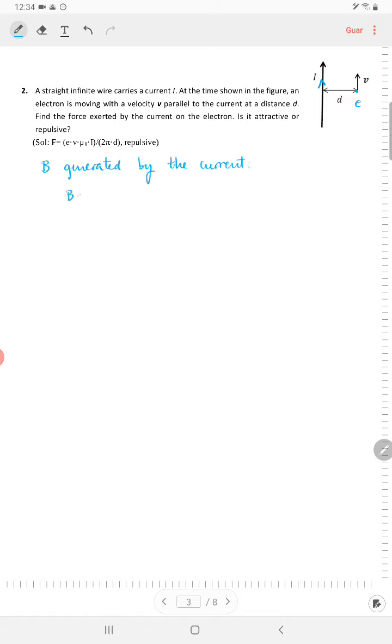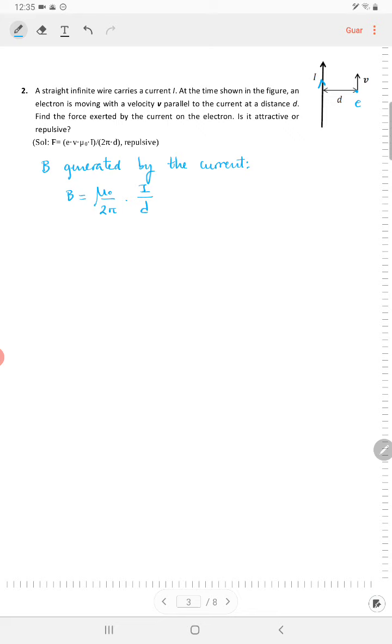We know that the modulus has to be equal to mu sub 0 divided by 2 pi times the current divided by what we normally call r, which is the distance between the current and the point where we are. So in this case, this is d. This is the modulus of the magnetic field generated at the point where the electron is by the current.